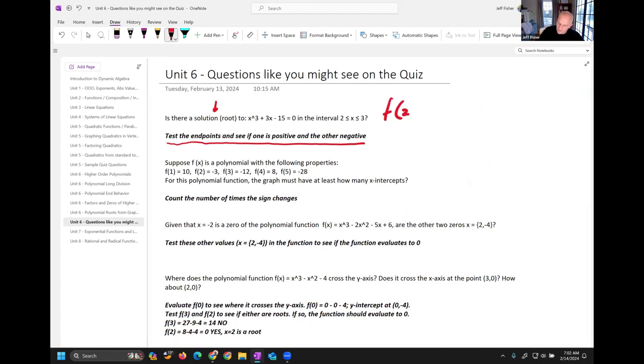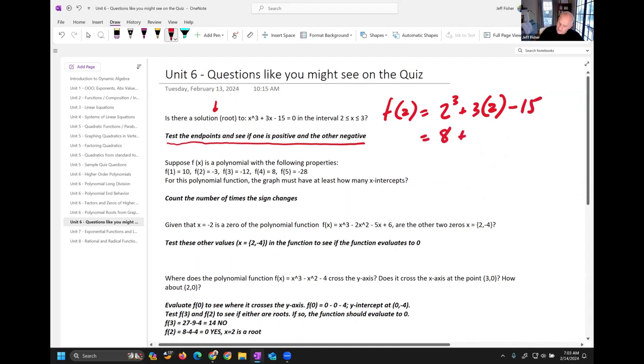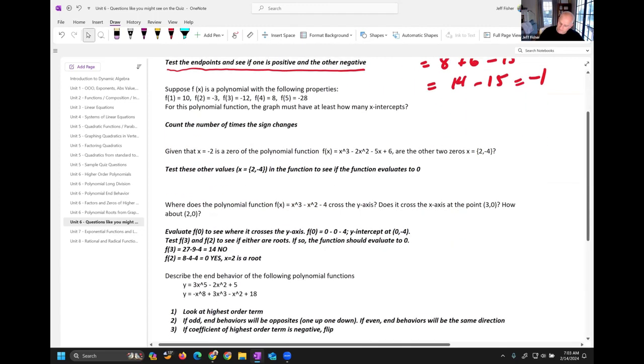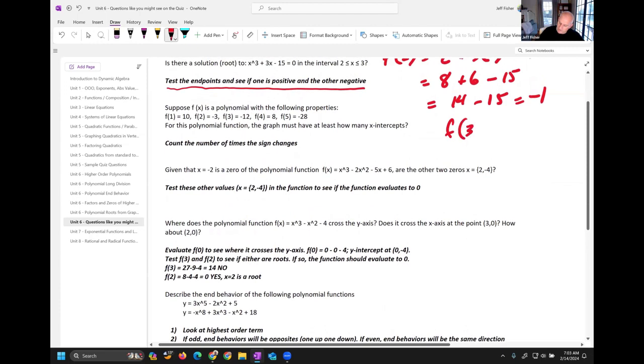So f at 2 equals 2 cubed plus 3 times 2 minus 15. This is 8 plus 6 minus 15. This is 14 minus 15. This equals -1. What about f at 3?